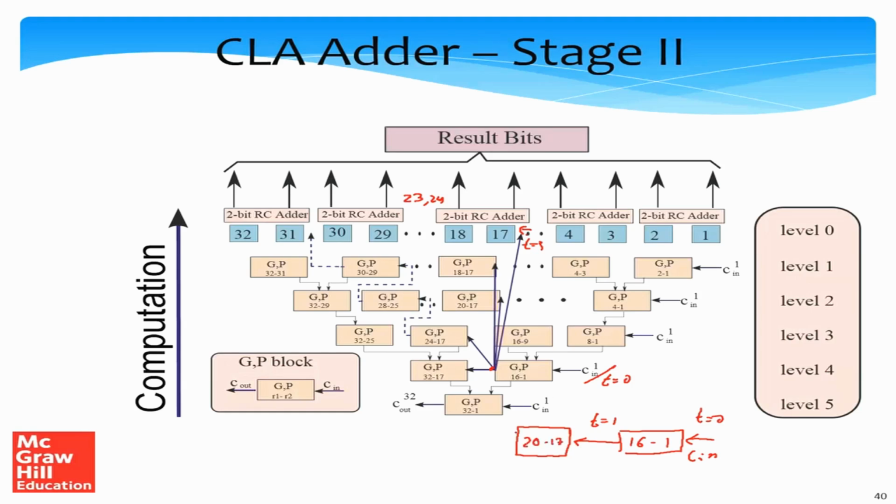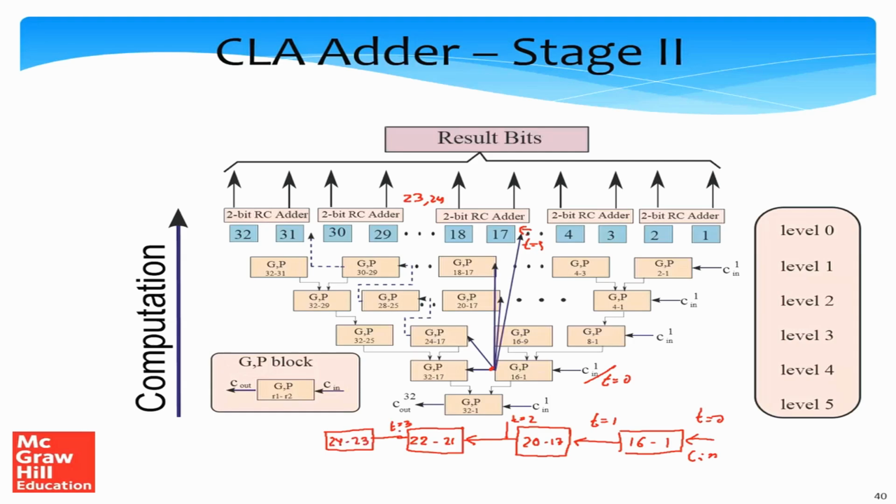So at t equal to 2, we will have the carry out value over here. This will again be connected to one more block whose range is 21 to 22. So the end of t equal to 3, we will have the carry in over here, and finally this will be connected to the block whose range is 23 to 24.